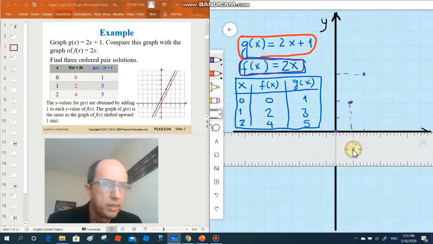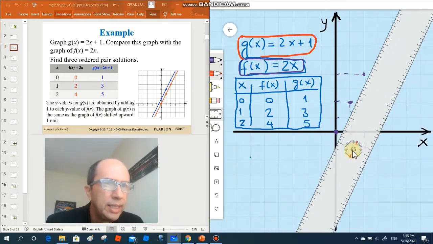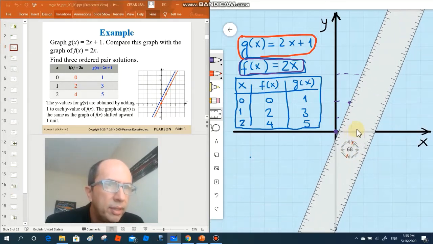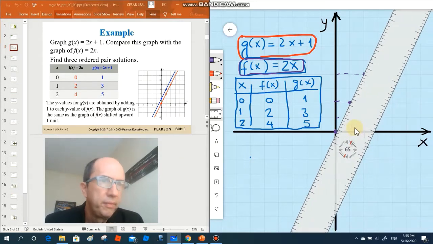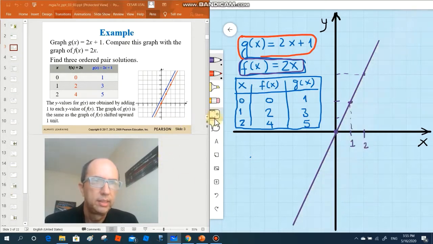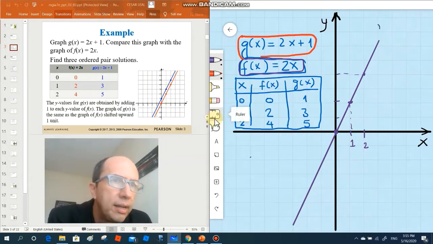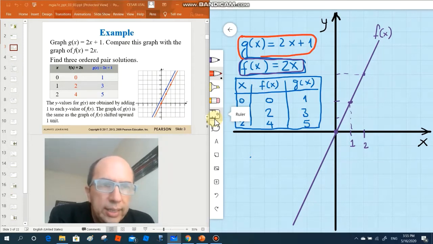Let's get the ruler, align the ruler with these 3 points, and then we have the graph of f(x). And this is f(x). Now g(x) is going to be red.